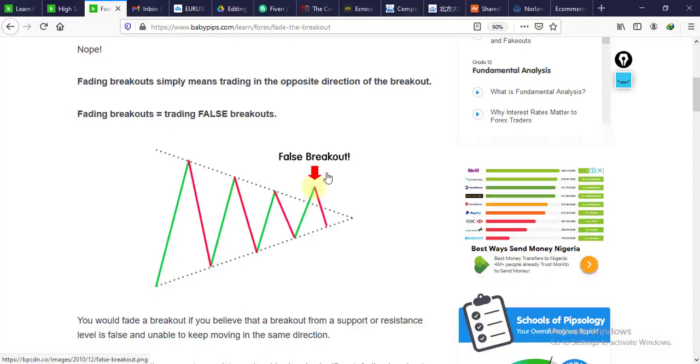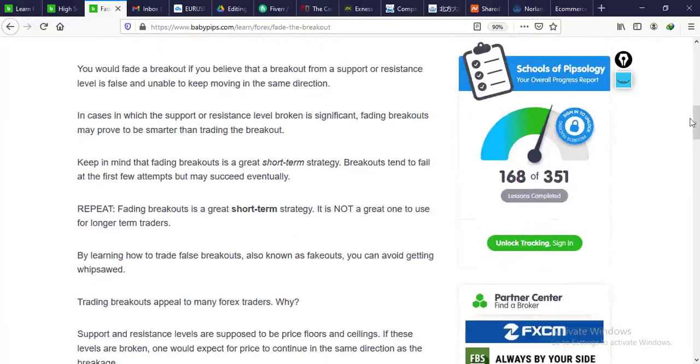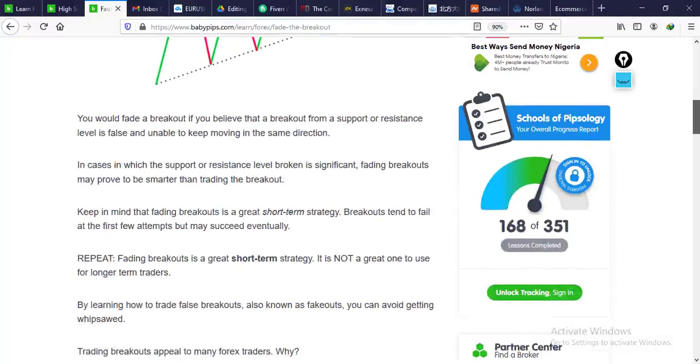But that's what the majority of people do. So in fading the breakout, we do the opposite thing. Instead of buying, we sell. That way we are fading the breakout, because we believe the momentum would not be sustained.